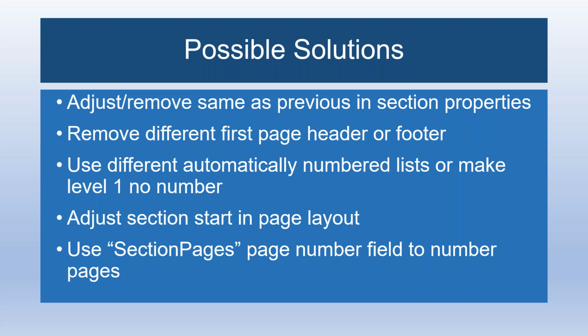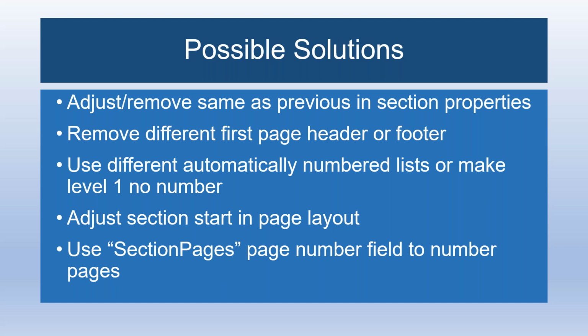And the reason for that is that it can really play havoc with your document. If you have a complex document with a lot of inserted templates and so on, it can really play havoc with your document if the same as previous is set, and it just becomes a headache. It's just not worth using it at all.